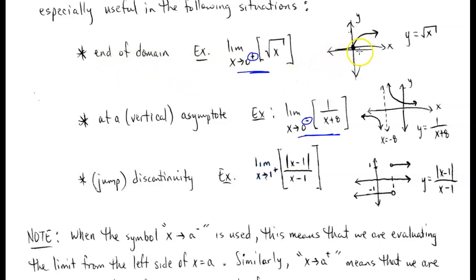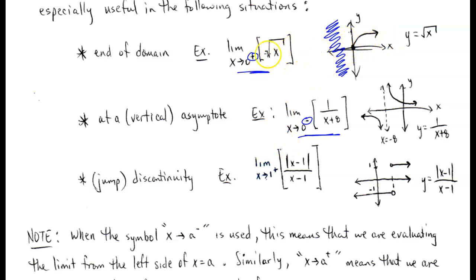So, for instance, square root of x, if we're looking from the right going to the left, we see that it abruptly ends at x equals 0, okay? And our function is going to be undefined for all of this over here. So for any value of x that is less than 0, it's undefined. We don't have anything there. So there's no behavior to study, okay?